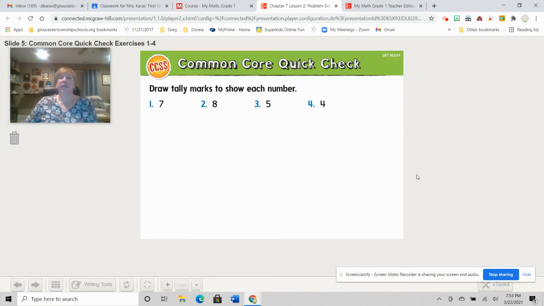little quick check here. Okay, so right here they would like you to practice drawing tally marks to show each number. So I will work on one of them with you, and then the others I'd like you to practice on your own and ask an adult or your adult helper to check them for you.